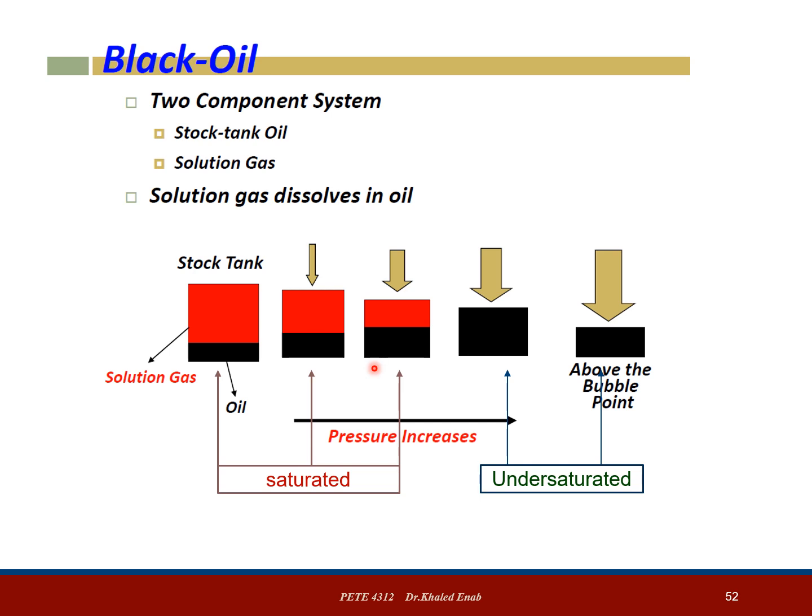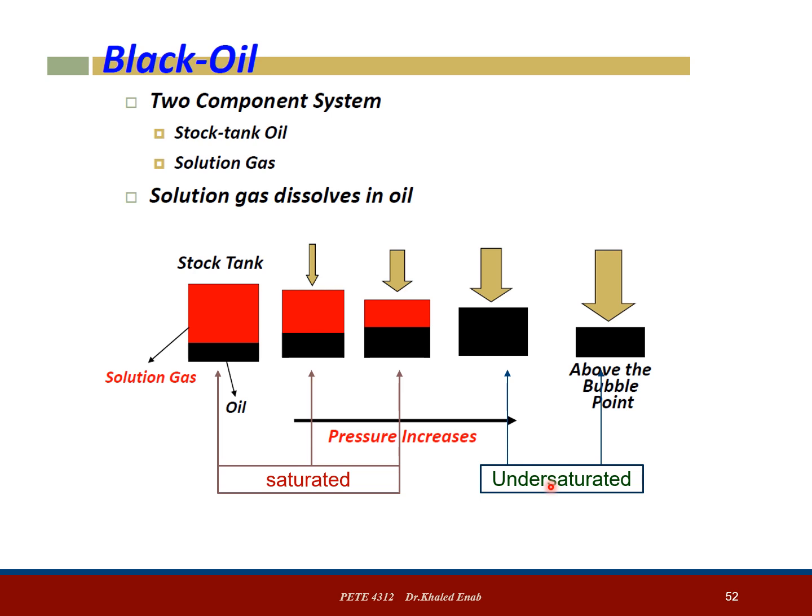So it's saturated. What happens when a liquid reaches saturation pressure? It's the same as the bubble point. What happens when the pressure goes below the bubble point? You reach saturation, so you will start to have some gas phase because the oil cannot absorb any more gases.